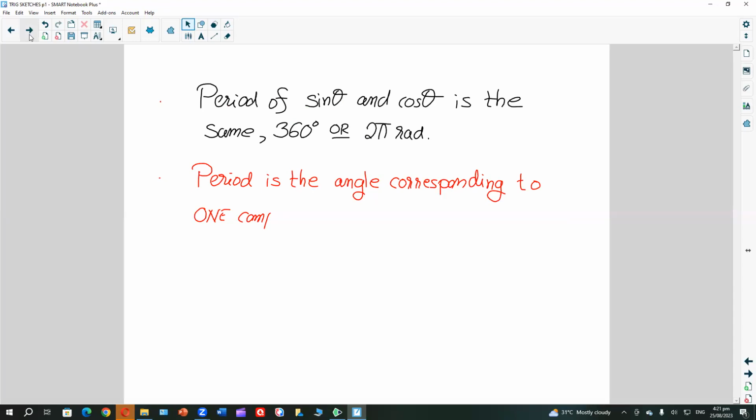Period of sine theta and cos theta is the same, 360 degrees or 2 pi radians.